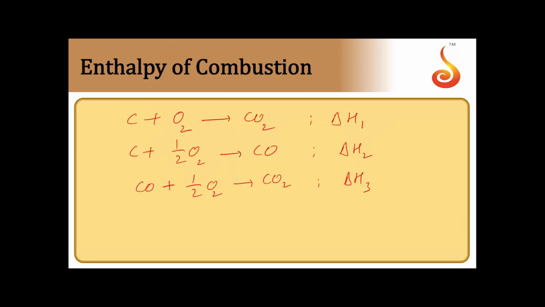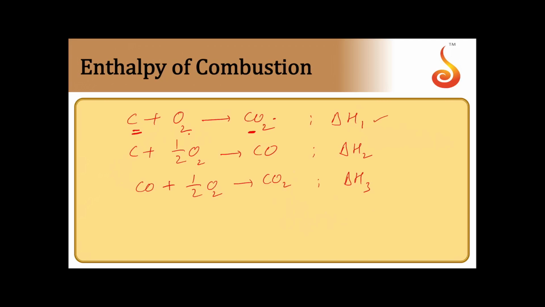Now here delta H1 is called heat of formation of carbon dioxide because 1 mole of CO2 is formed from the constituent elements, and also called heat of combustion of carbon because carbon is burned completely in excess of oxygen.